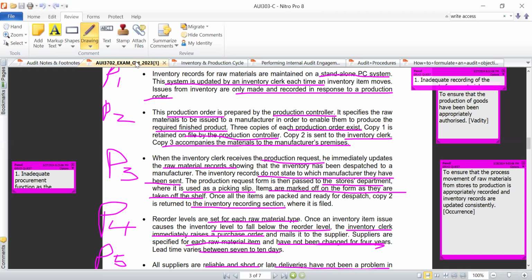Not only those, there are more than that. It's good you asked this. Assertions, guys, are grouped into two groups. There are assertions for transactions and records, and assertions for account balances.